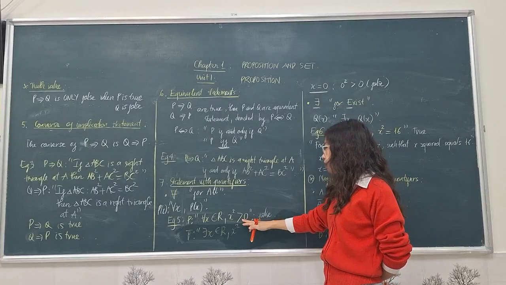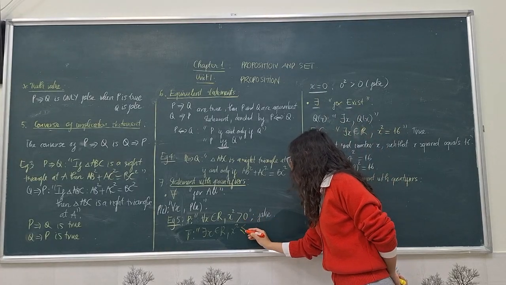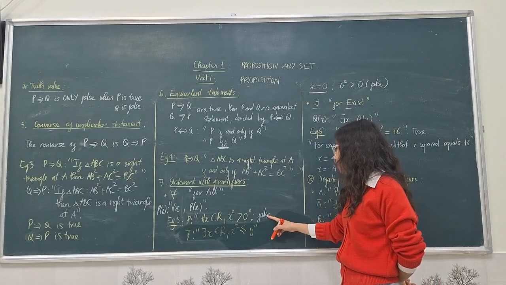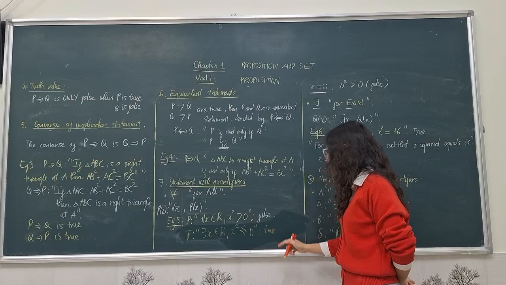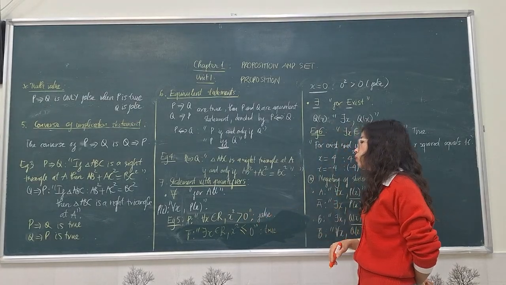Now the negation of greater than is less than or equal to. And the truth value is true, because the original statement is false.